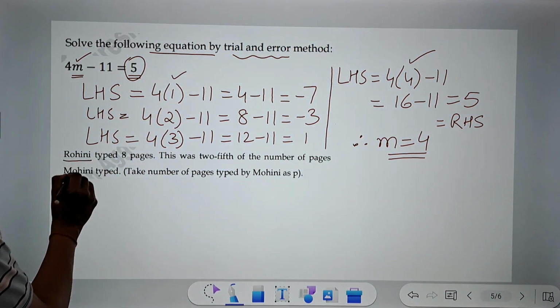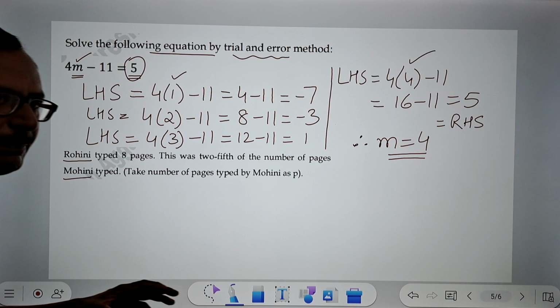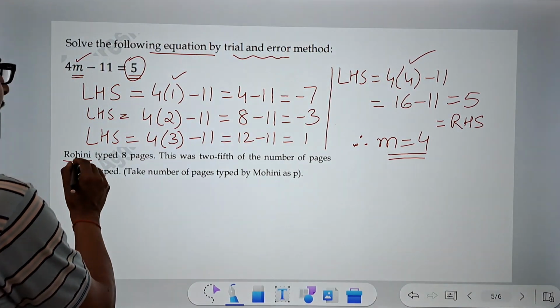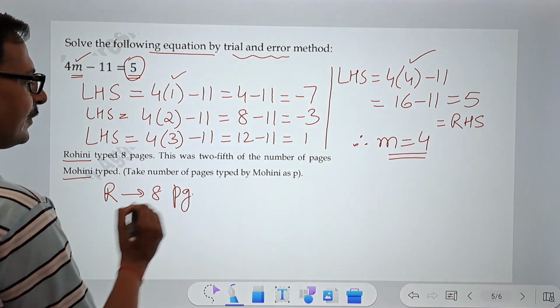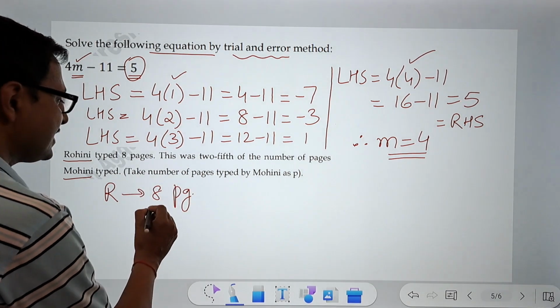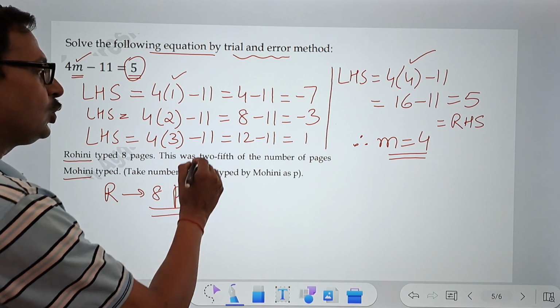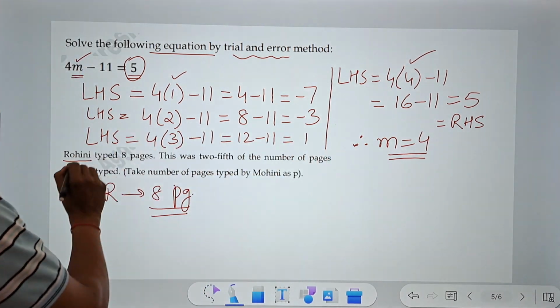Let's see this one. So there are two girls here, Rohini and Mohini. They are typing some pages. Rohini typed 8 pages. This 8 pages was 2/5 of the number of pages Mohini typed.